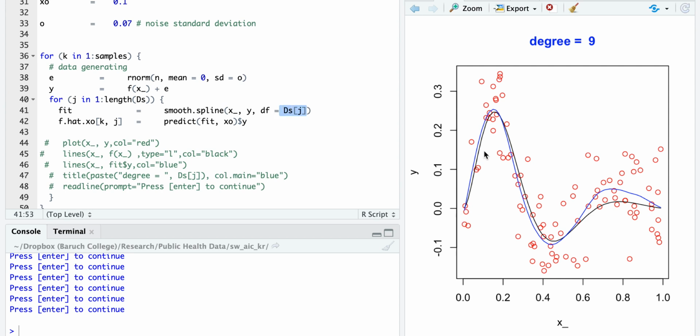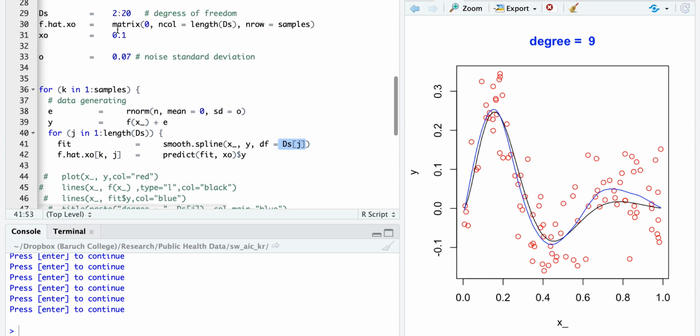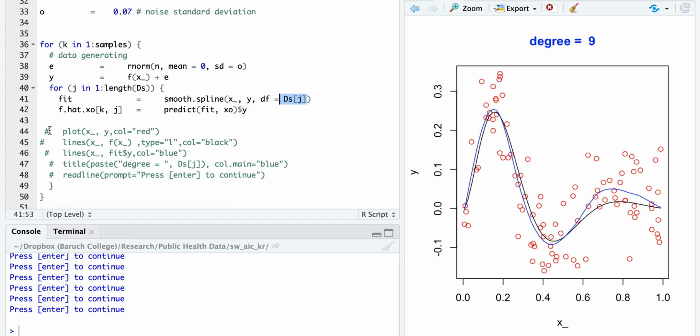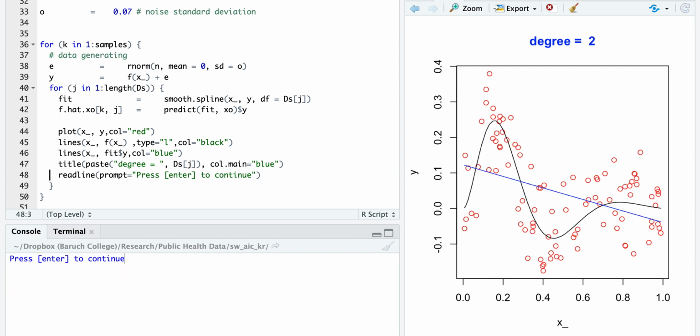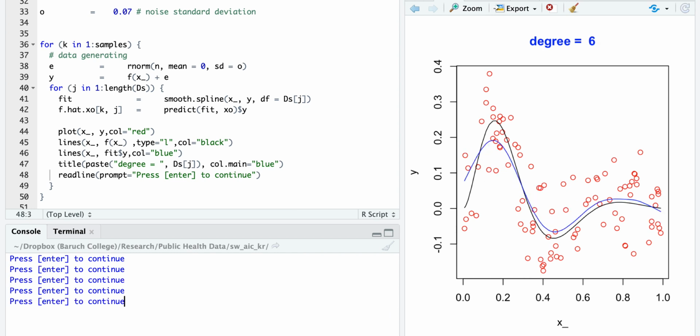So you see, remember here, as we change the degrees of freedom, the estimates at xo, which happen to be 0.1, will be different. It's not the same. Let me just run this again. We see that at point 1, the estimate is here. As we increase the degrees of freedom, the estimate is increasing.